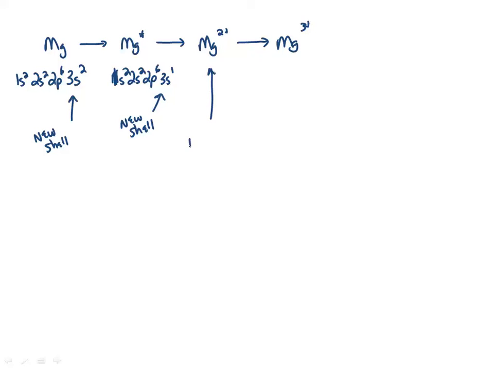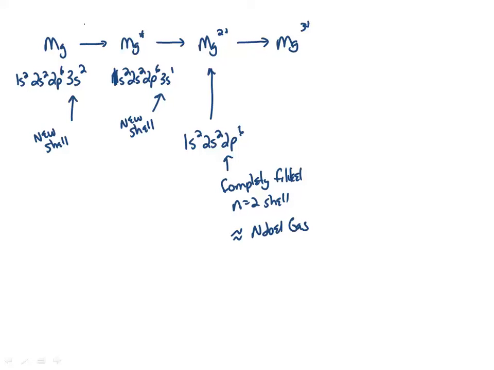And then I ran out of room, so I'll put this one down here. But magnesium 2+, to go to magnesium 3+, notice that this is from a completely filled shell. So again, that looks like a noble gas. And so for the first one, it takes 738. For the second one, it takes 1,451. And for the third one, again, there's that huge jump, 7,733. Now, don't memorize the values, obviously, but kind of remember the learning.